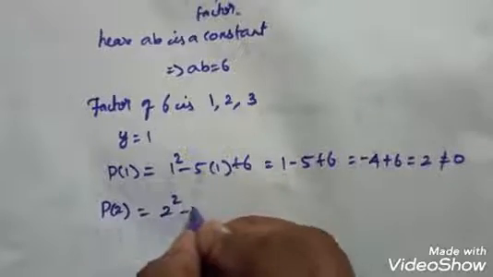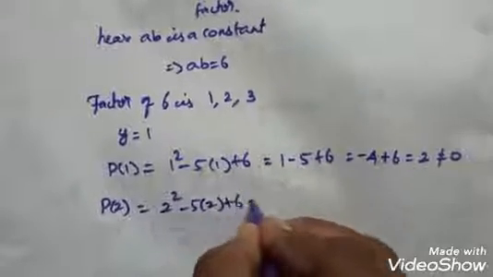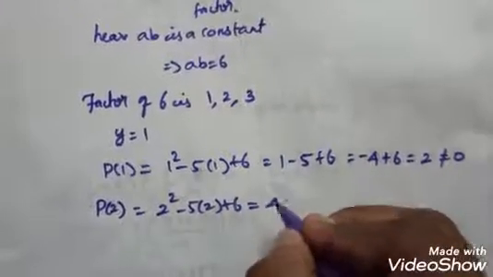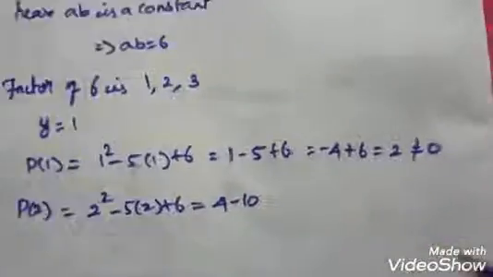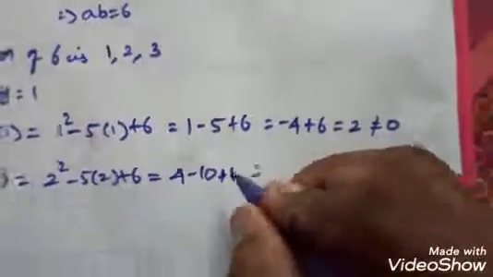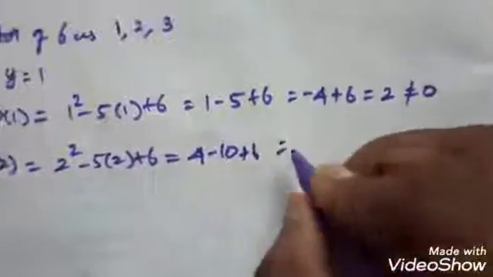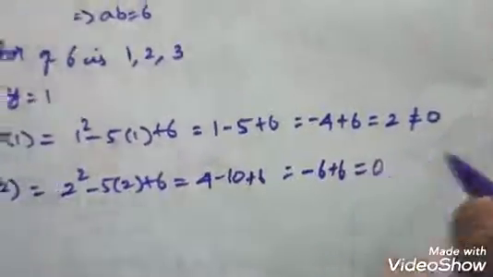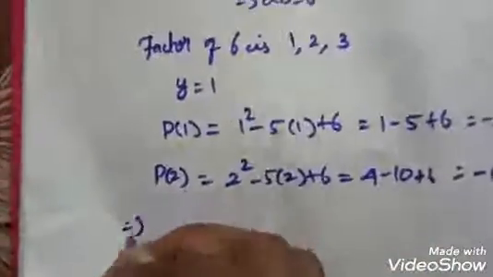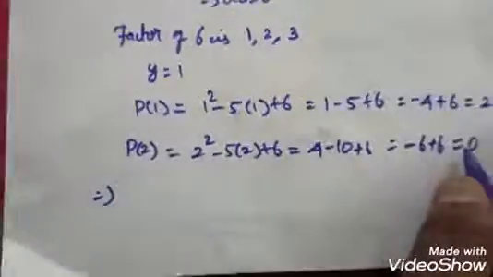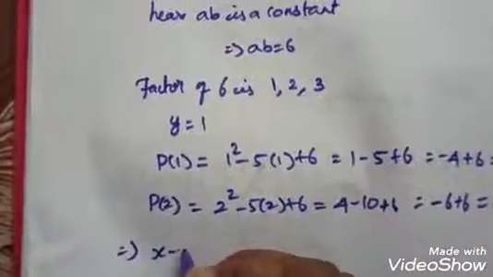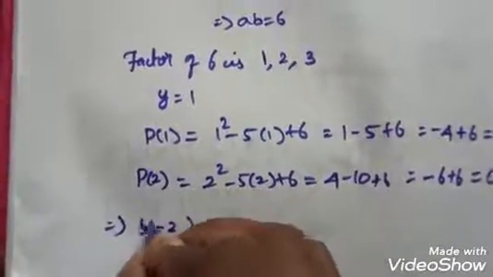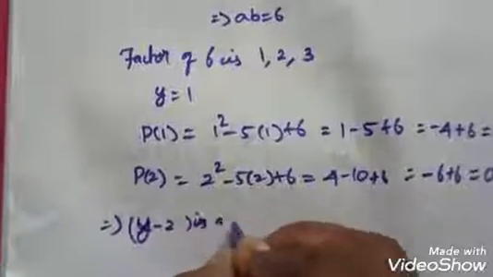So 2 square minus 5 into 2 plus 6, 4 minus 10 plus 6, which is 4 minus 10, we get minus 6 plus 6, which is equal to 0, which implies P of 2 is equal to 0. So y minus 2 is a factor.